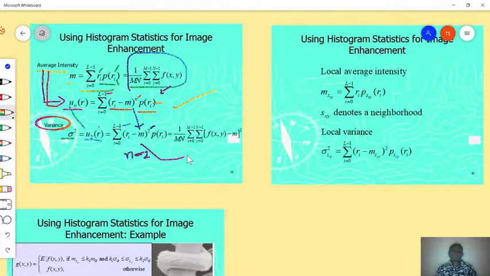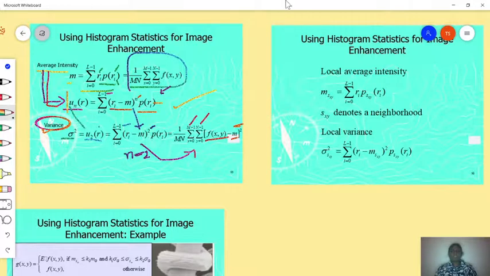Then by simplifying this, we are getting, summing over M and N to process each pixel and moving to each location, the variance value of f(x) minus m whole power 2. Now this is the basic variance function we got, and this is the average intensity function we got.